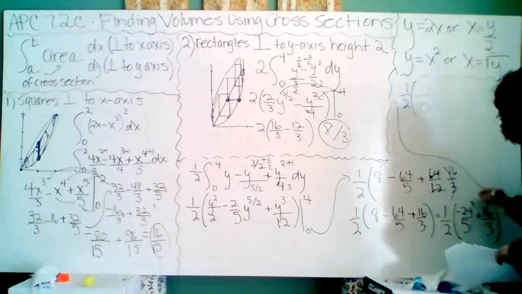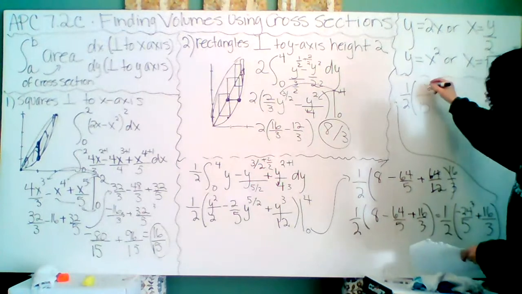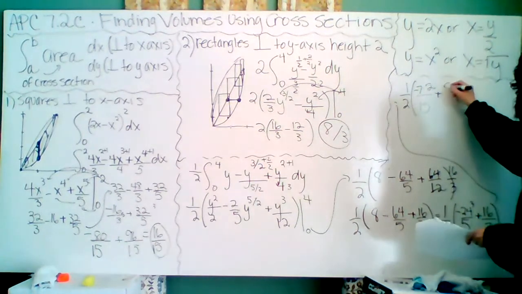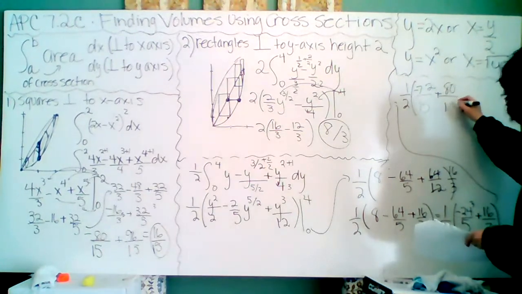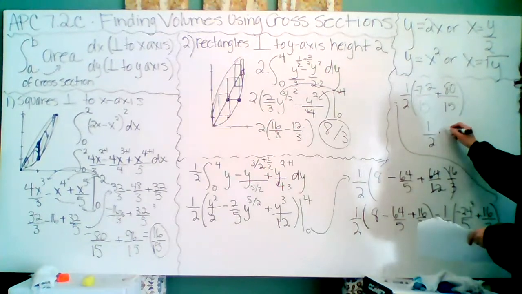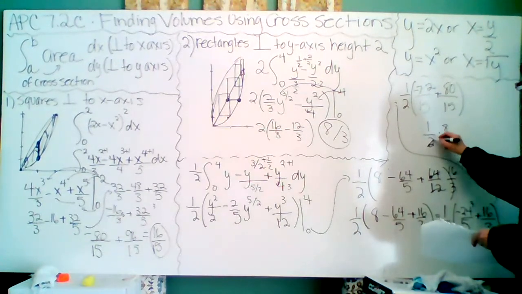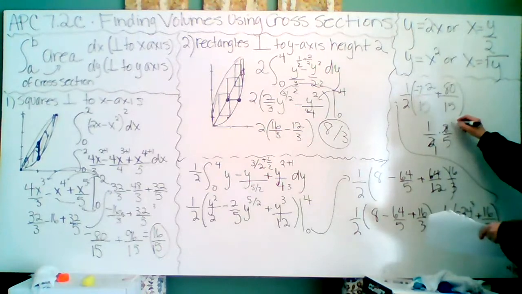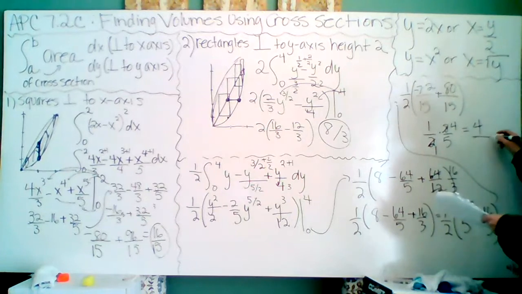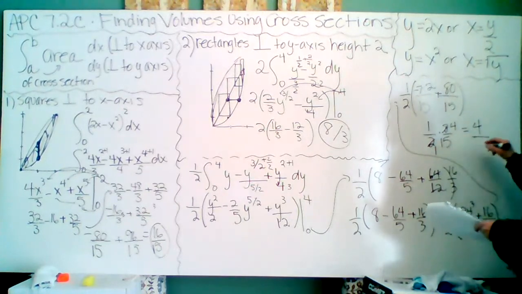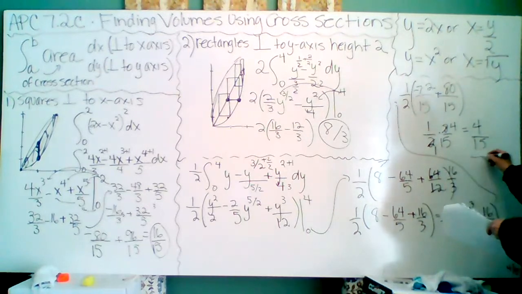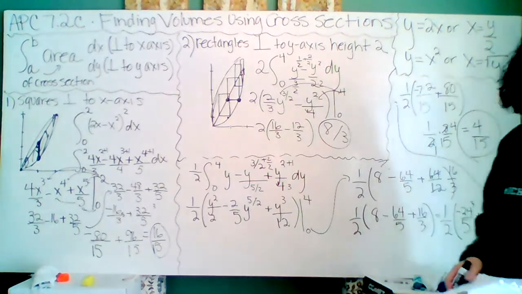So I'll multiply by 3 here. So that's 12, carry the 1, 72 plus 80 over 15. There we go. And that would be 1/2 times 8/15, which the 2 and the 8 cancel and leave us 4/15. A 4/15. Did you see I did that again? Like I missed the 15 and put a 5. And there's our final answer.